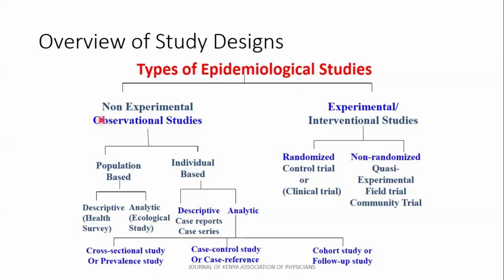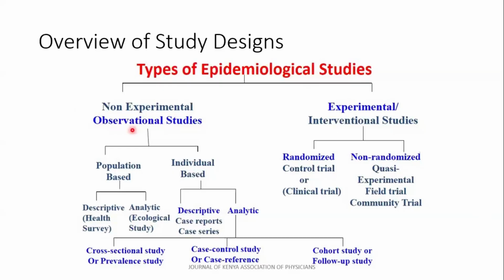In this type of study, the researcher basically just observes various characteristics of their population. In experimental or interventional studies, however, the researcher usually gives an intervention, say a drug or a type of surgery, to one group and maybe not the other, and then they observe differences.